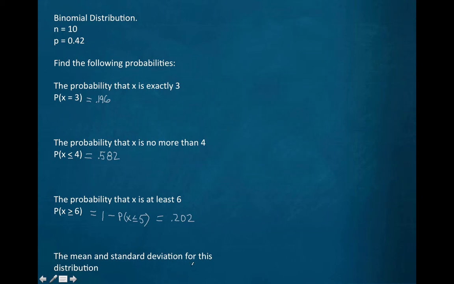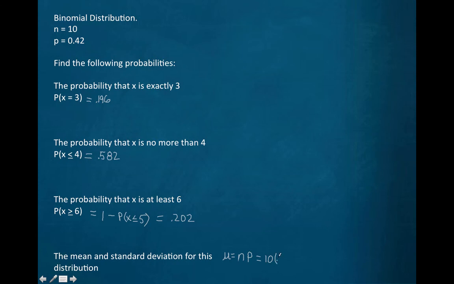The mean and standard deviation for a binomial distribution: the mean is equal to the number of trials times the probability of a success. So in this case, that will be 10 times 0.42.